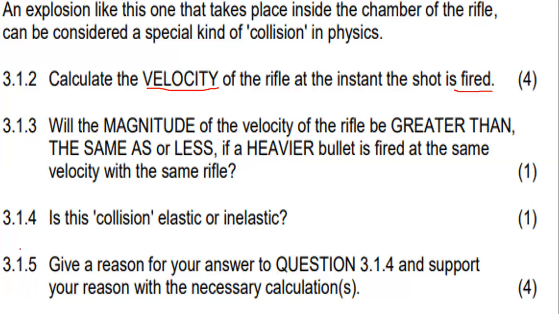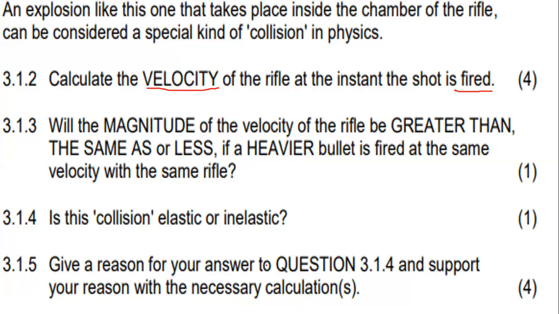Now, in 3.1.5, they say give a reason for your answer to question 3.1.4 and support your reasoning with the necessary calculation. So our reason there is, it is an inelastic collision because the total linear momentum is conserved, but the total kinetic energy is not conserved. And the main reasoning is basically on the total kinetic energy not being conserved.